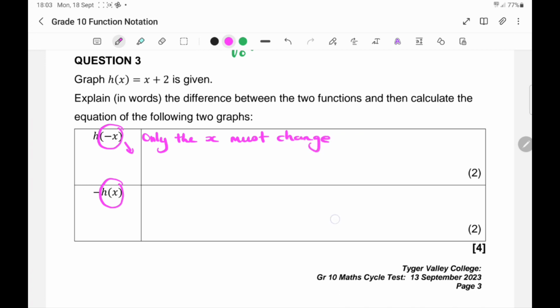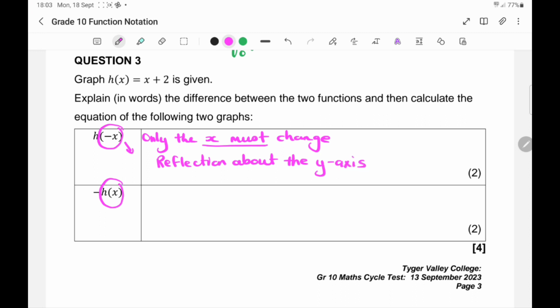So what that means is, remember, if it's a reflection upon the y-axis, the x must change, and if it's a reflection upon the x-axis, the y must change. There's always the opposite. So only the x must change. That means that it was a reflection about the y-axis.